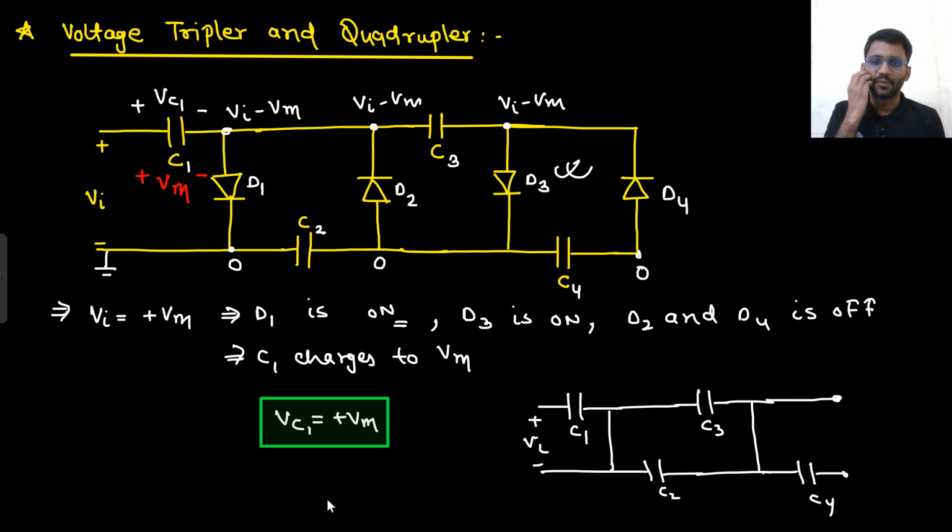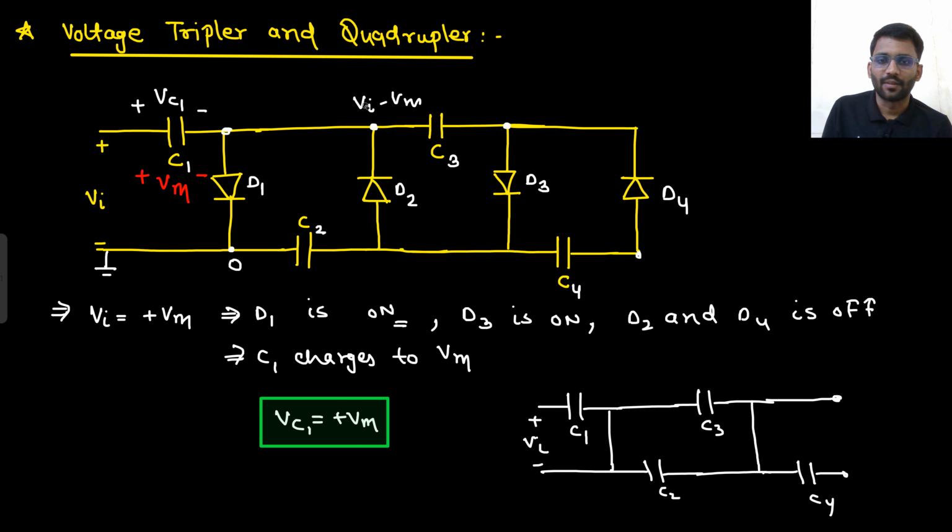So what will be the scene now? Let's remove it off, because we have already drawn it. 0, 0 here I can keep, other I can remove it off. Okay, so this potential is minus Vm. So what will happen? What will be the potential here? Minus 2 Vm. What will be the potential here?